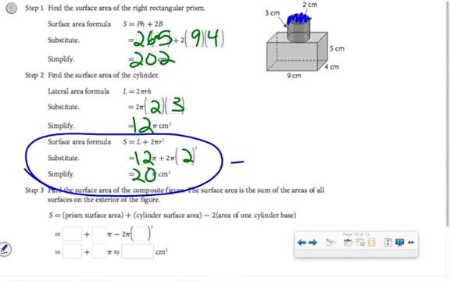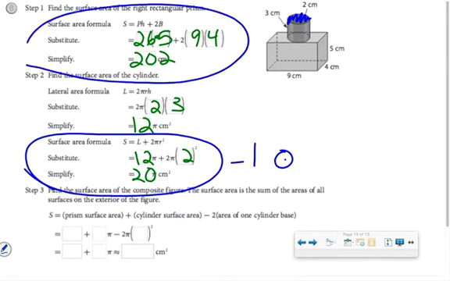So that's why I need to subtract 1 circle from here. Then why am I subtracting another one? Because in here, I'm finding the entire surface area of the prism. Notice that this is kind of a hole in my prism. So that's why I need to subtract another circle.